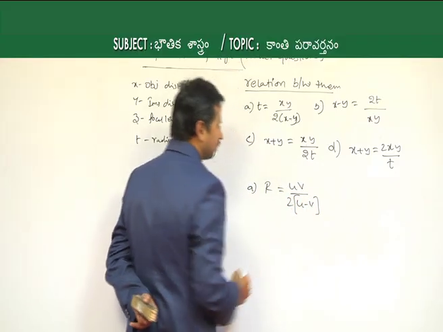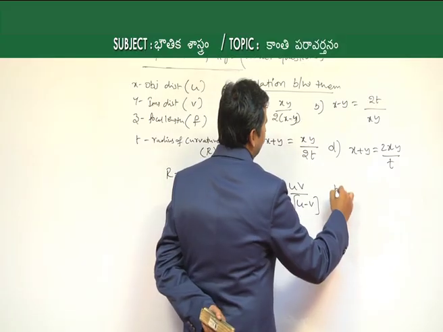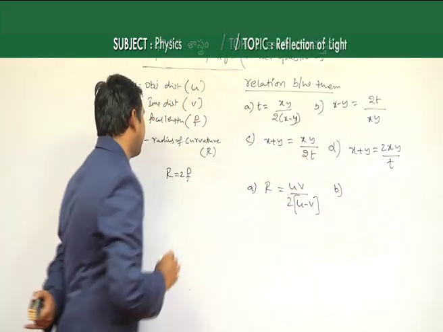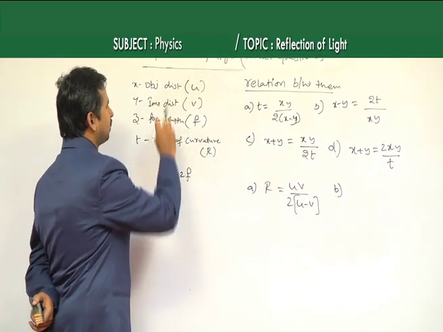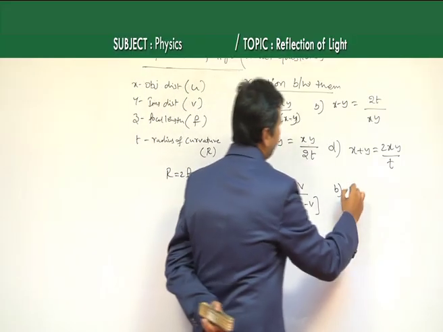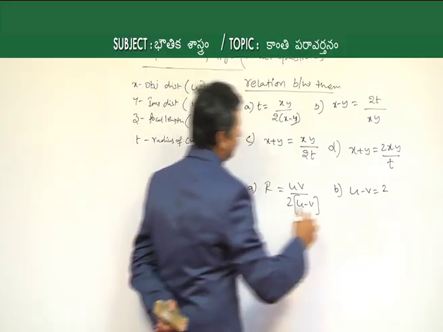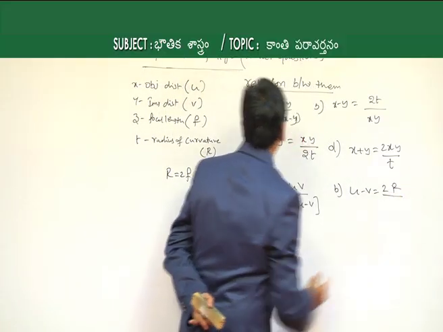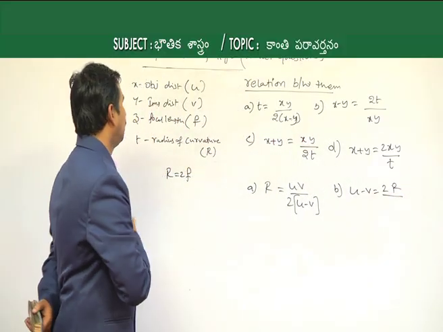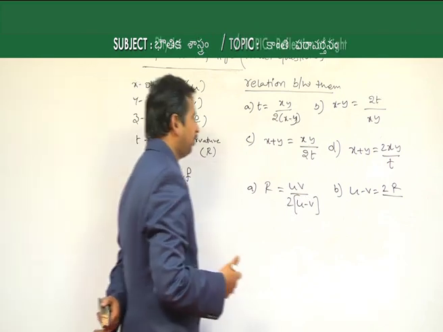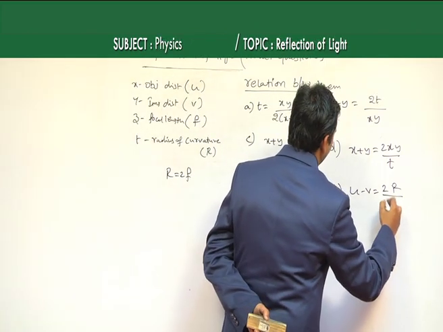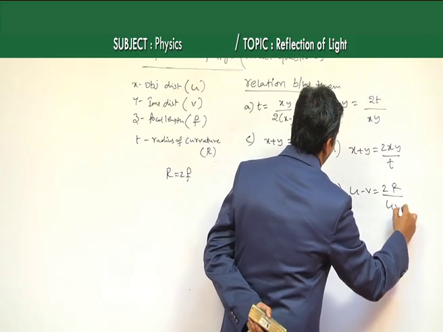This is the first case. In the second option, x minus y, which is u minus v, is equal to 2 into t, that is r, by xy, where x is again the object distance, y the image distance, and xy means u into v.